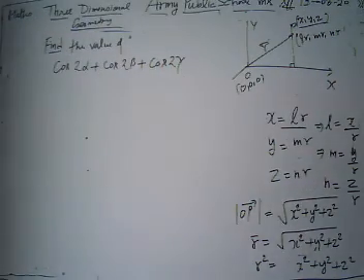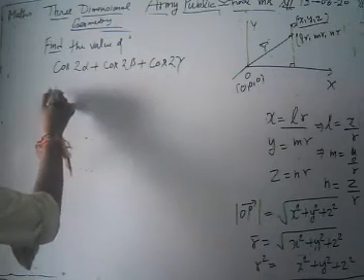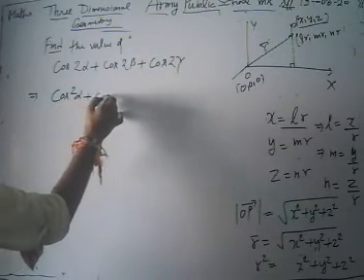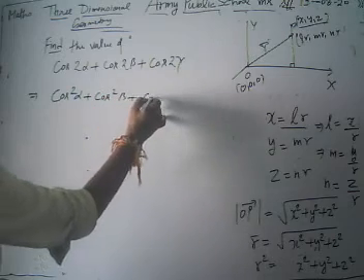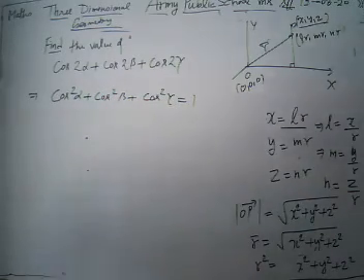Again, it is based on our direction cosines l, m, n. Now, what have we recently proved? Cos square alpha plus cos square beta plus cos square gamma, its value is 1.